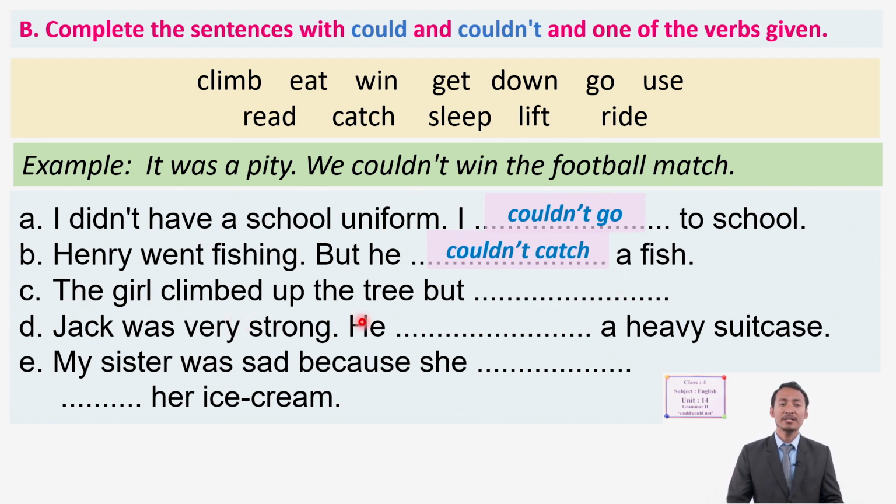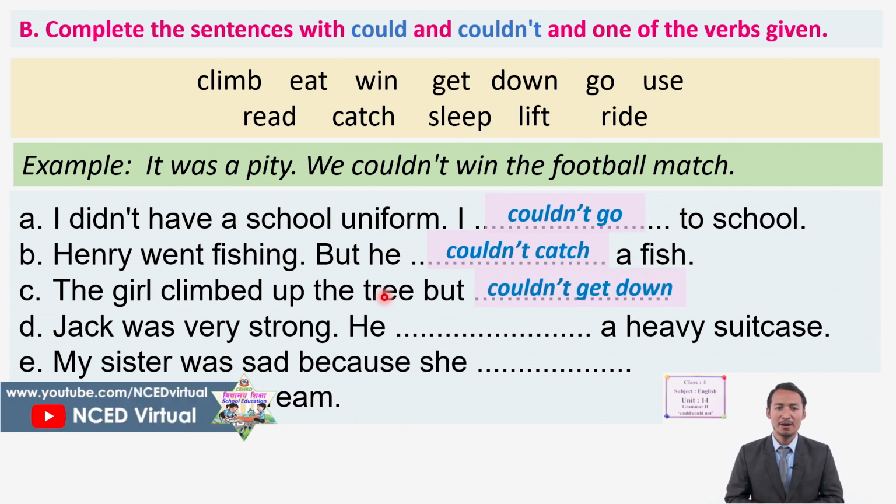The girl climbed up the tree, but look here. She climbed up the tree. The word but shows that she did not have a good result. So look here, get down. You have to get down, right, once you climb up. So what do you say? You couldn't get down.